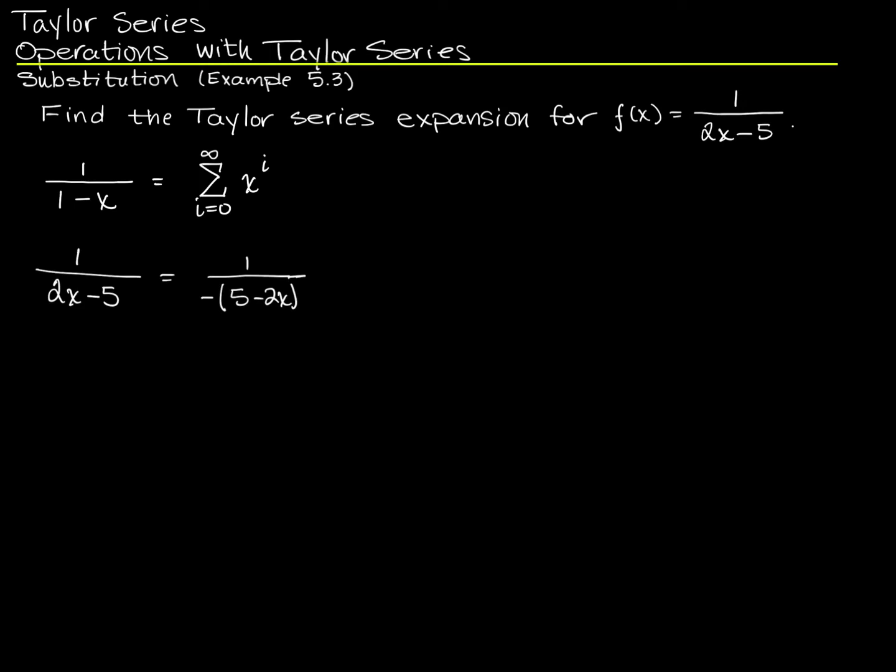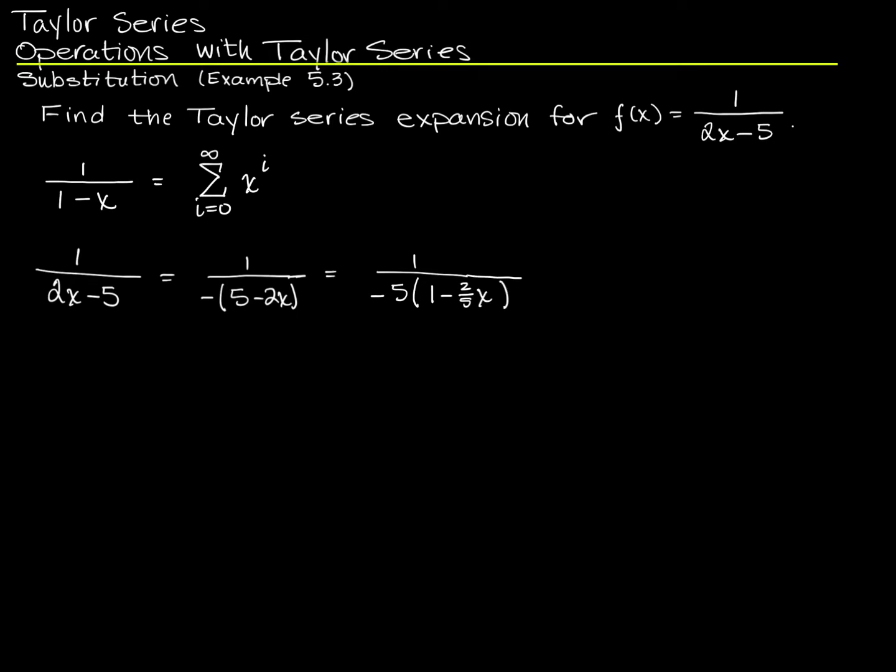And the next thing to notice is that I have a 1 here and I have a 5 in this function. So let's divide by 5 just in the denominator. I'm going to have 1 over negative 5 times 1 minus 2/5 x.